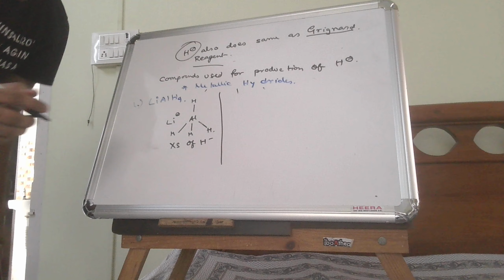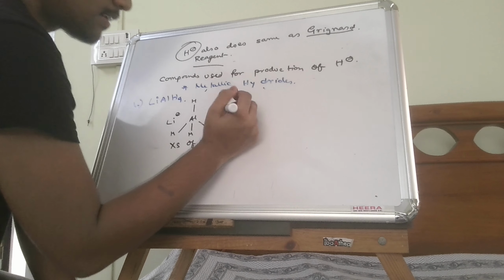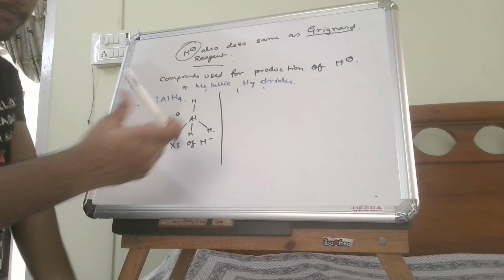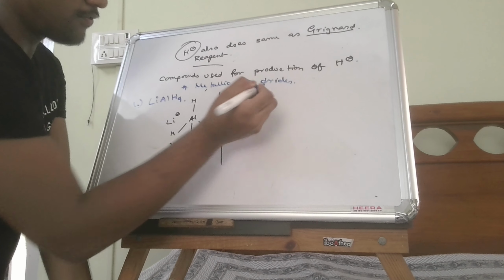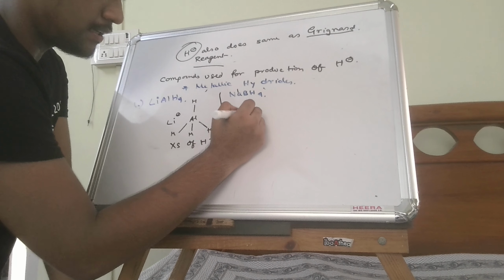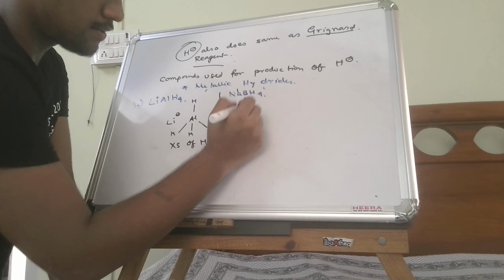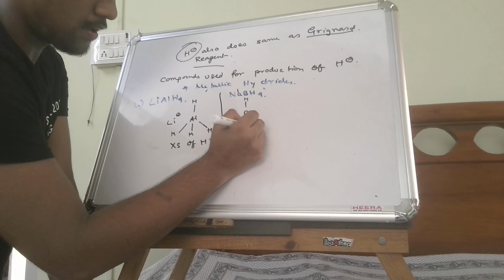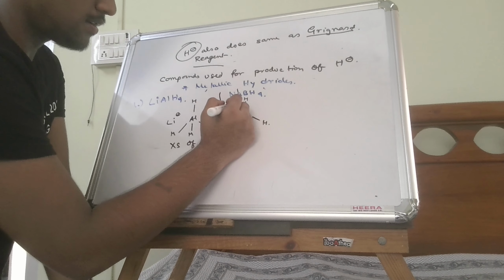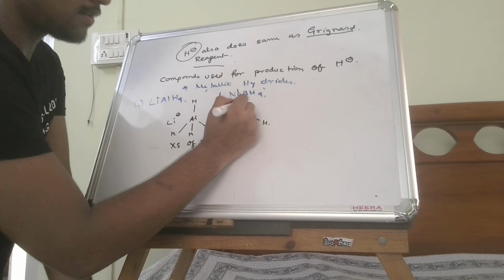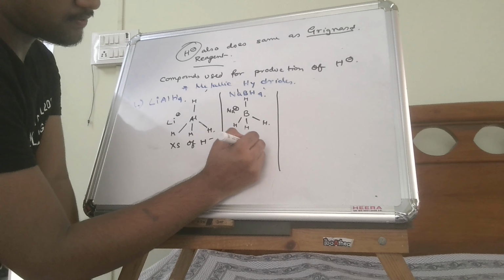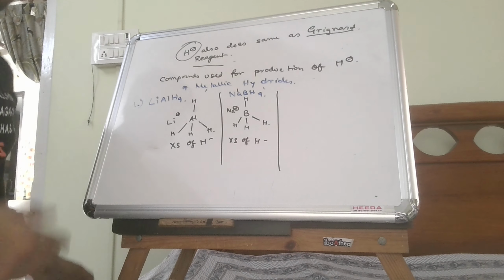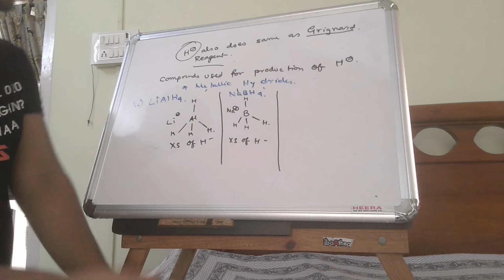What is there in NaBH4? NaBH4: H, H, H, H, Na plus, excess of H minus. So these two have excess of H minus.